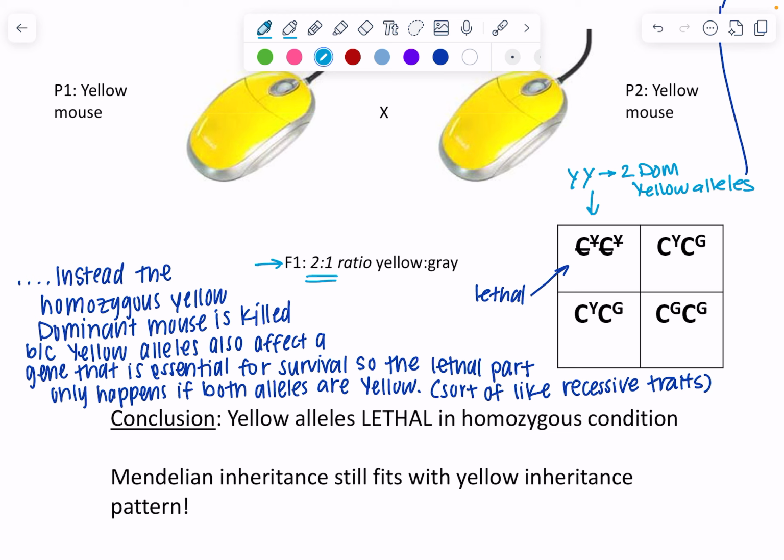And that mutation is causing a lethal reaction, because whatever that is coding for or not coding for is essential for the mouse to live.